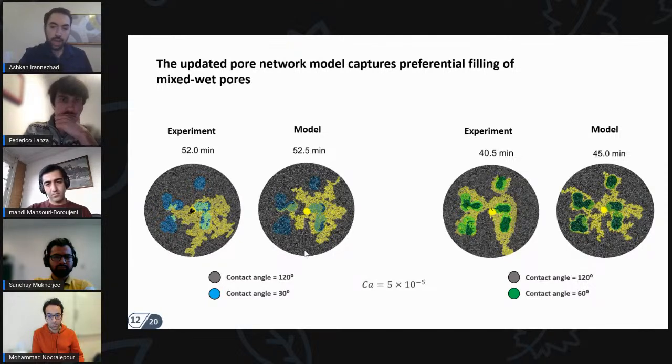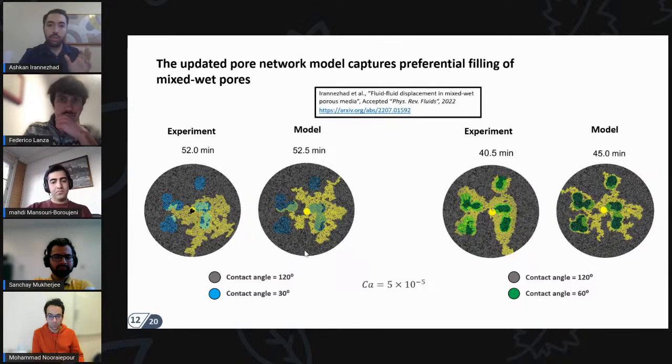So now that we have this dynamic pore network model that can accurately capture these properties, the next step is to use this framework to systematically investigate different kinds of mixed wet cells and characterize the fluid-fluid displacement in porous media.